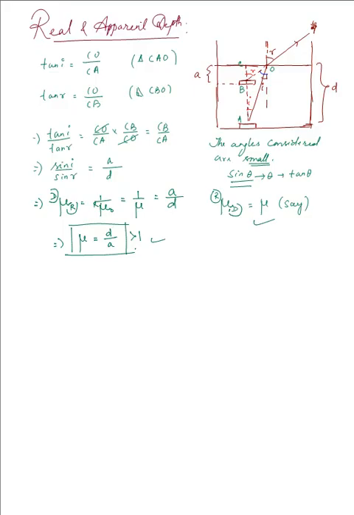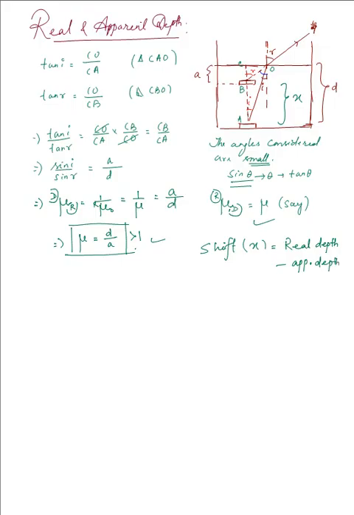Now also we can determine the shift in the height. If the shift in the height is taken as x, then the shift is equal to the real depth minus the apparent depth.